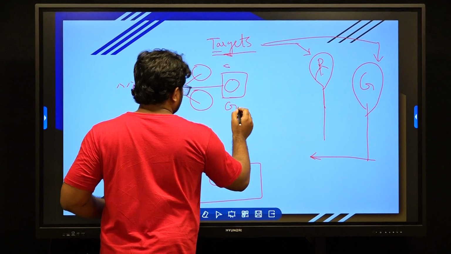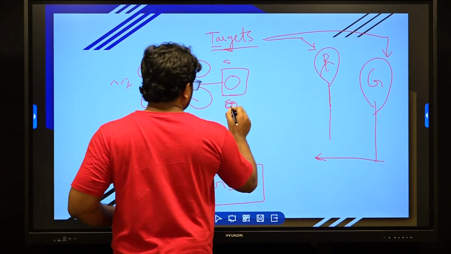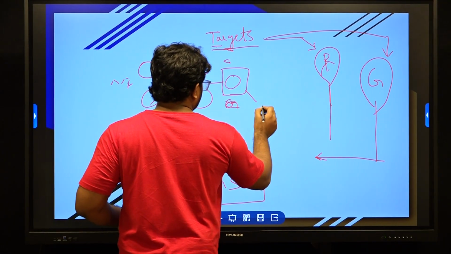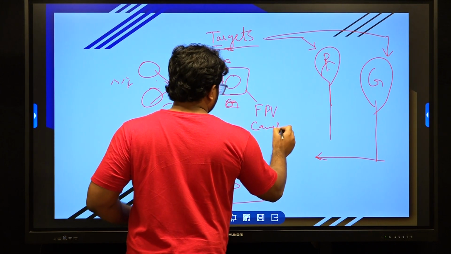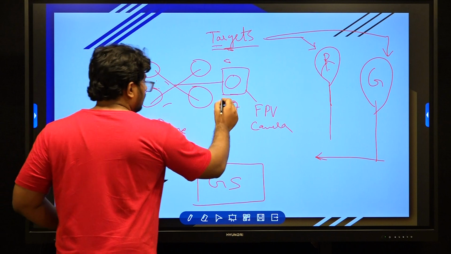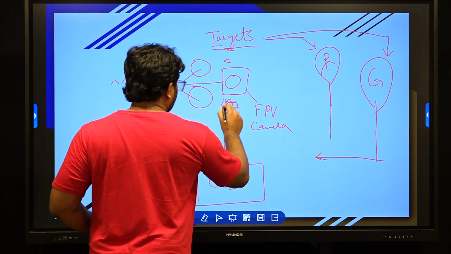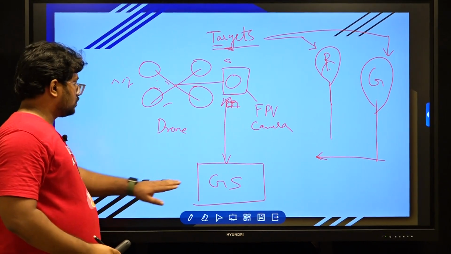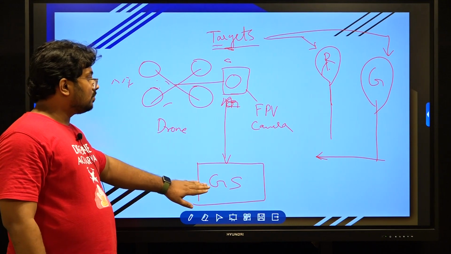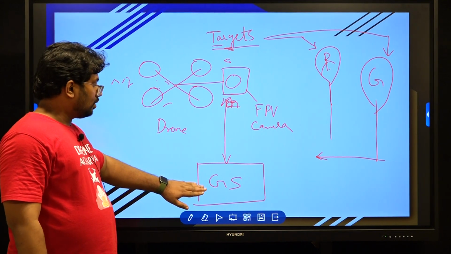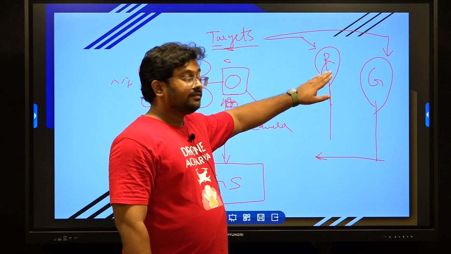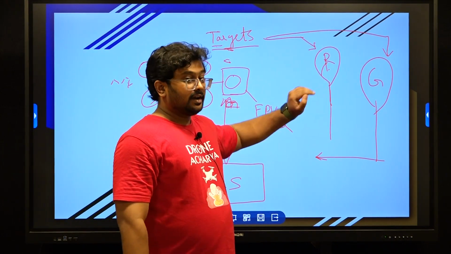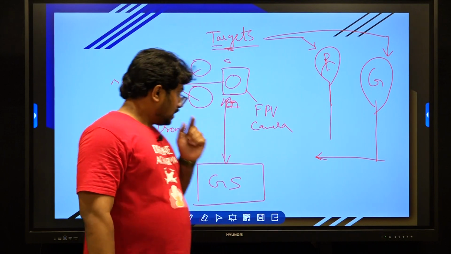We can call it an FPV camera. This will send us the live feed so that we perform some object detection, which is nothing but identifying the balloon, which one is a red balloon and which one is a green balloon.